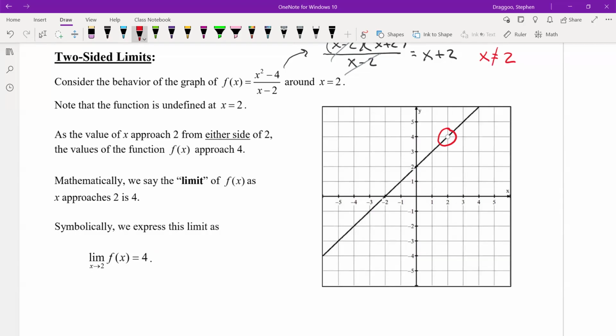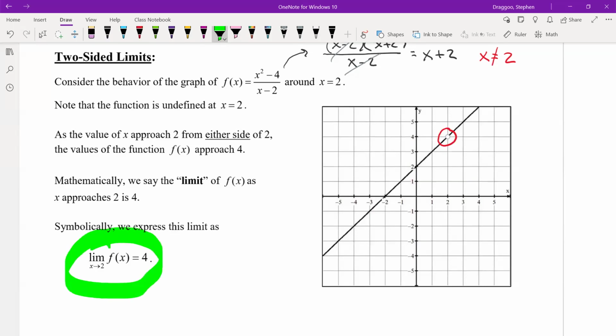I'd still like to be able to talk about the graph when x is 2, but if I'm only allowed to use equality, I can't really say anything. I would just have to say that f of 2 does not exist, even though I can look at that thing and see f of 2 is supposed to be 4. In order to still be able to say that, we're going to bring in this idea of the limit.